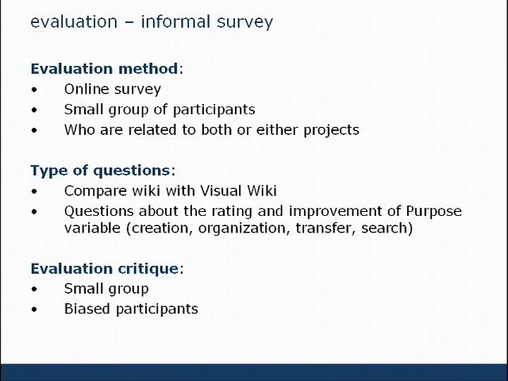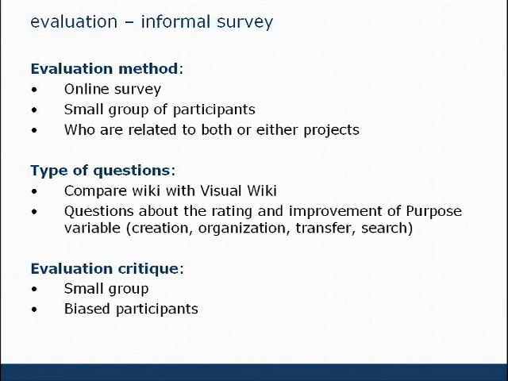We wanted some very quick information as to whether there were going to be actually differences between these sorts of things. It's quite a biased sample in that most of the people who were involved or related to the project had some knowledge of what we were trying to achieve. But as I say, it was a quick qualitative feedback to give us an idea as to whether we were going in the right direction.